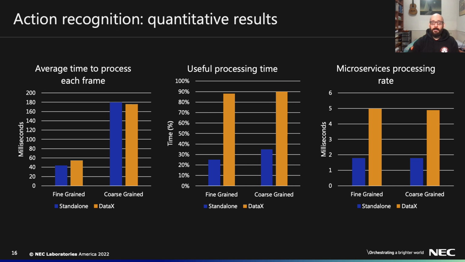But we see in the middle plot that when we use DataXe, the application spends a lot more time doing useful work, processing the frames rather than managing the multiprocessing or communication between the processes, which we see in the last plot will lead to the increase in throughput.